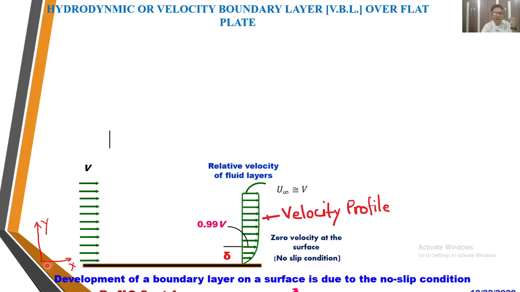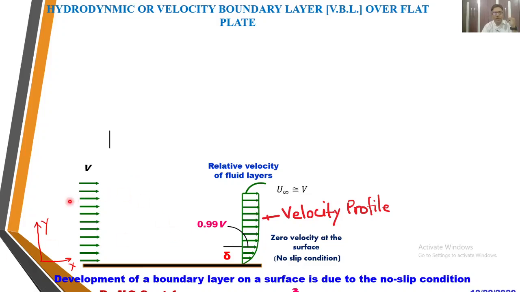The coordinate x can be measured along the length of the flat surface from the leading edge in the direction of flow. So this will be the x direction, and y direction is measured from the flat surface in the normal direction. So this will be the normal direction, that is y direction.